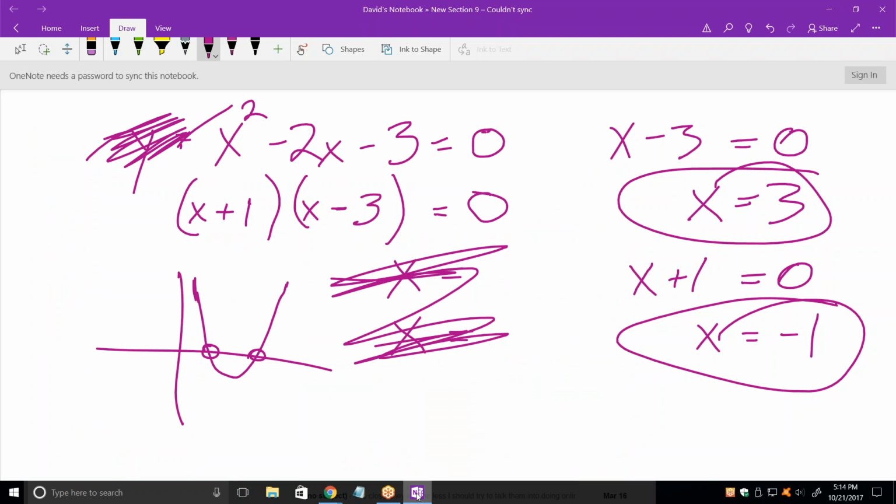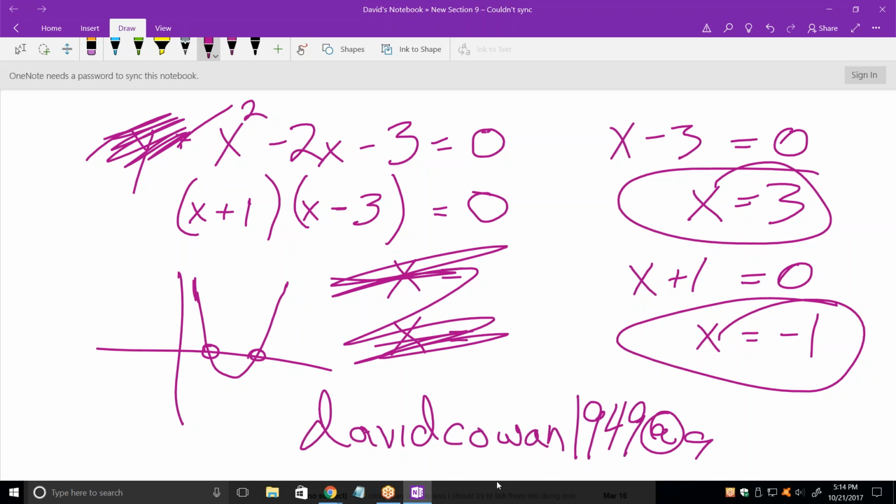And it's David Cowan spelled D-A-V-I-D-C-O-W-A-N and then 1949 at Gmail. Should come up as a default. Yeah, for some reason it went off my phone, so I'm just looking. Okay. Can probably send this through the thing, it'd be easier. Not sure I really need a picture of it. I can't imagine why I would need a picture.